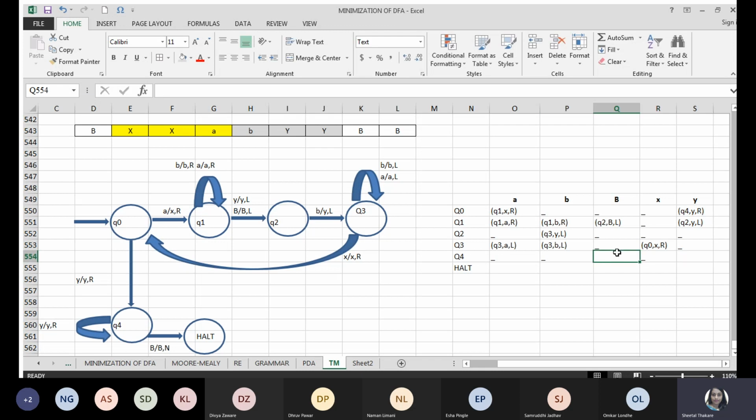Q4, if capital B is found, next state it goes to is halt. Capital B is kept as it is, performing no action. Whereas for y, it stays in Q4 itself. y is kept as it is, it's moving to right.